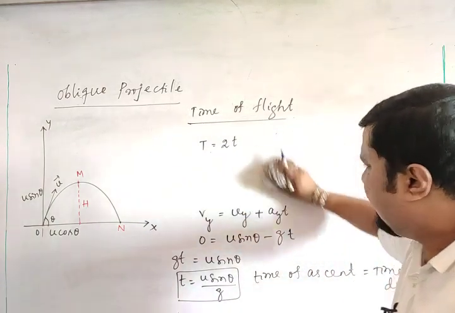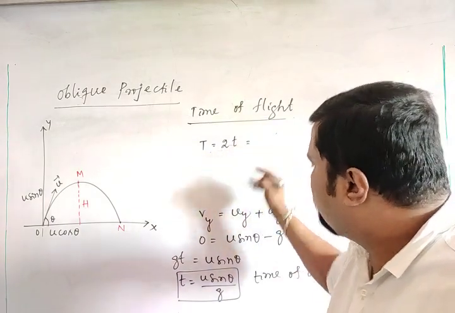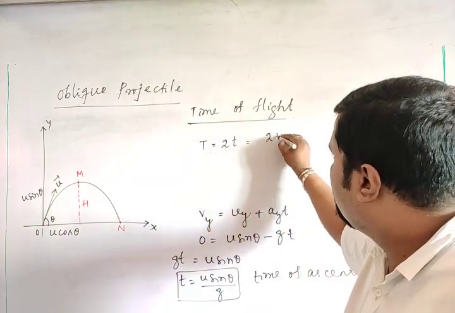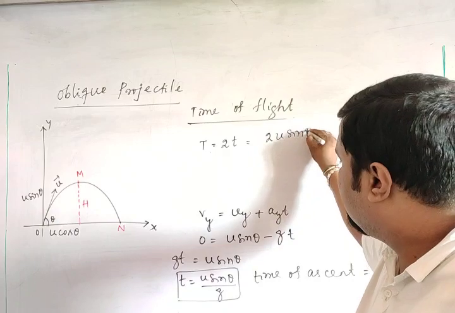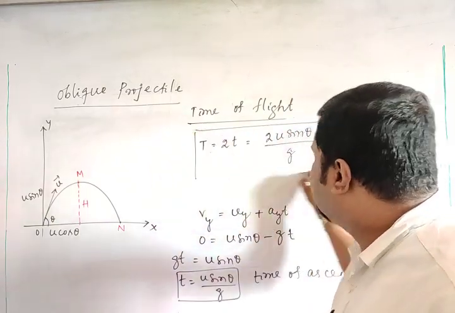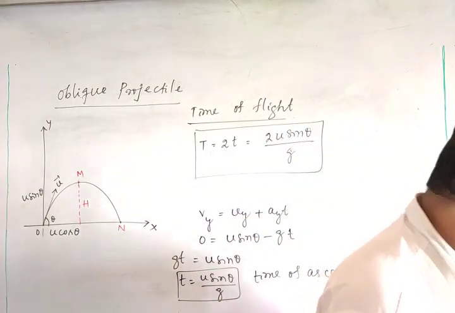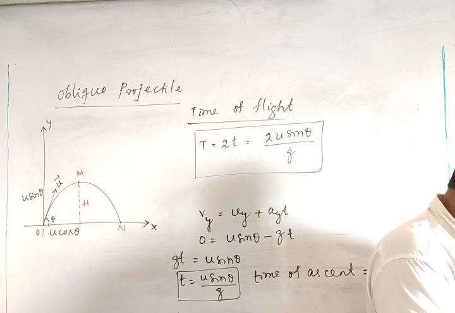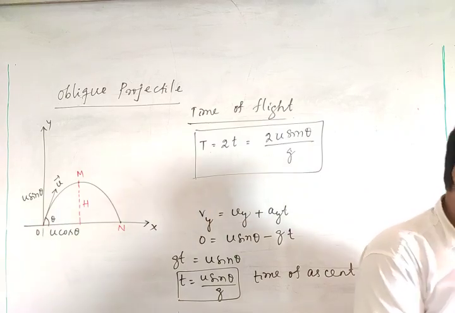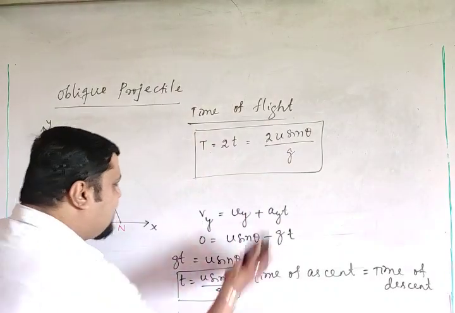The time of flight T is equal to 2 times t. So 2u sin theta by g. This is the expression for the time of flight. Got it? Is that clear? You can also derive this in another way.